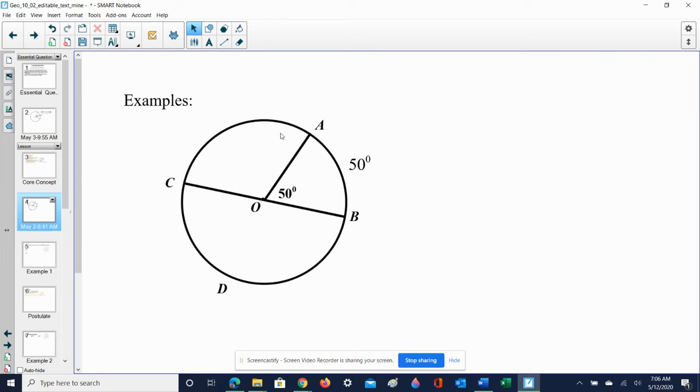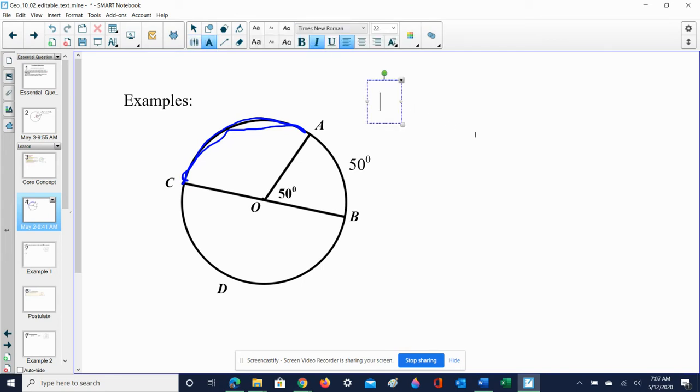So if I wanted to find arc AC, this arc here, that would be 180 minus 50 degrees, which is equal to 130. So that will be 130 degrees.